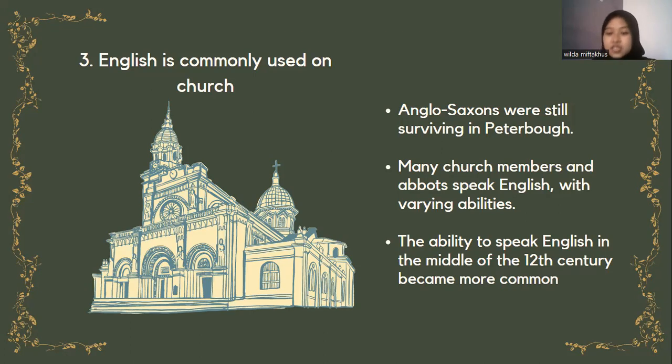They were fluent in English and able to use it when preaching and writing. And the ability to speak English in the middle of the 12th century became more common. It was hoped that the church and educated people would use the two languages in general.